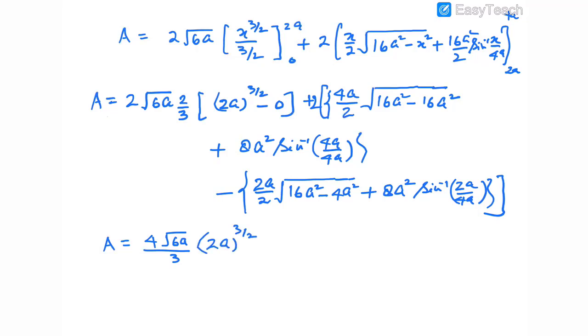This one is 0, and this square root is 0. So we have to multiply by 8a square sine inverse 4a upon 4a, which is sine inverse 1.